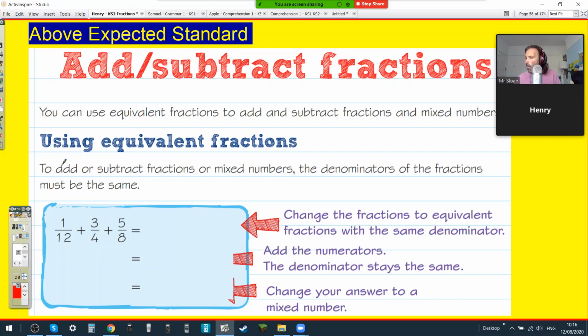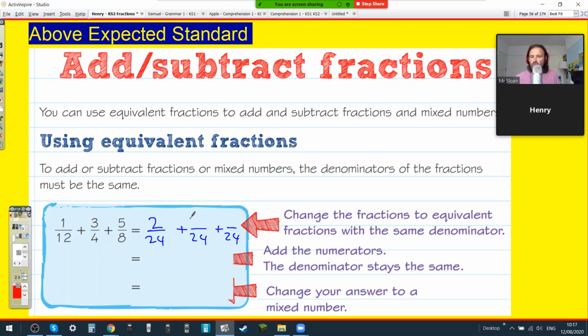Okay, so the common denominator is 24. So 12 times 2 is 24. So 1 times 2 is 2. And then 4 times 6 is 24.